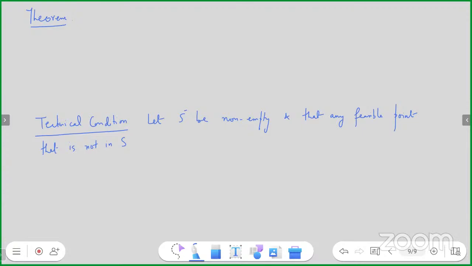Any feasible point that is not in S can be approached closely from S minus. This is the loose term; we'll write exactly what it means.